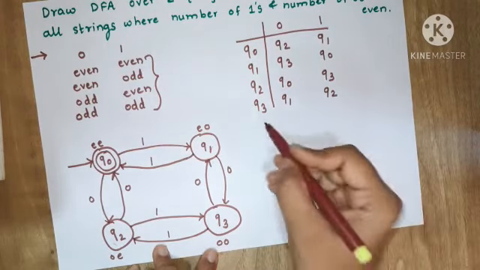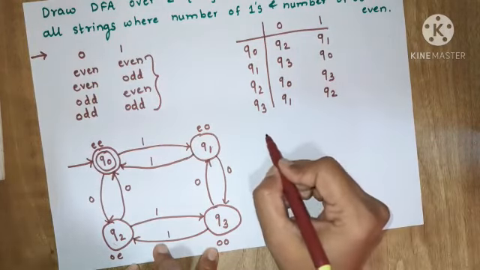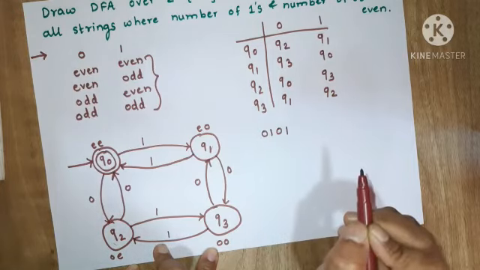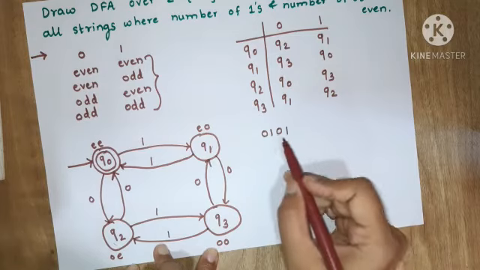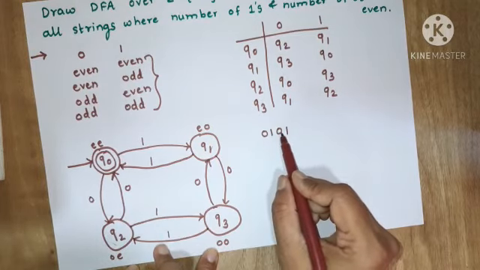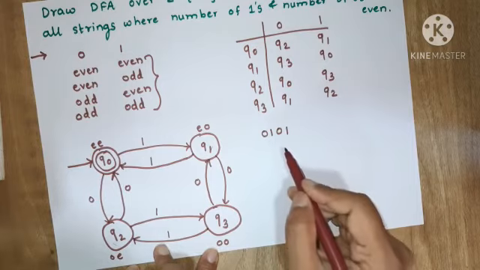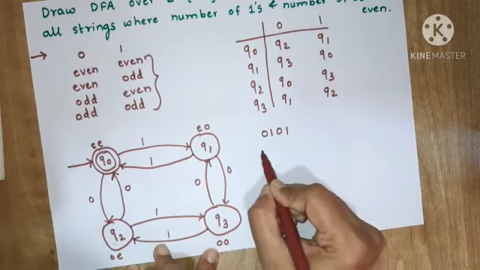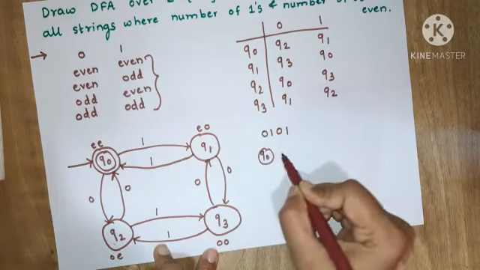So you can just check for some particular string, for example, suppose 0 1 0 1. In this particular string the number of zeros are even and the number of ones are also even. So initially your machine is in Q0 state.